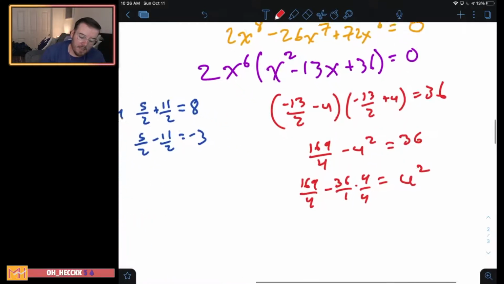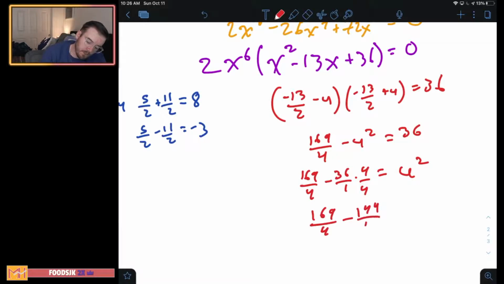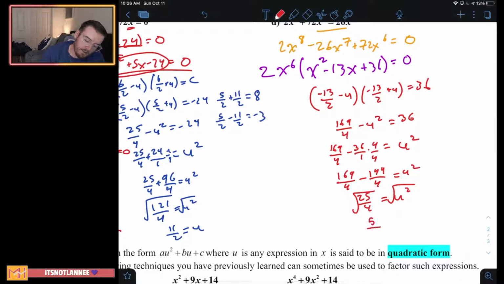Get a common denominator by multiplying by 4 over 4. You can't see my calculator, but I'm doing 36 times 4, and I get 144. So 169 over 4 minus 144 over 4 equals U squared. 169 minus 144 is 25/4, which equals U squared. Take the square root, and you get 5/2.